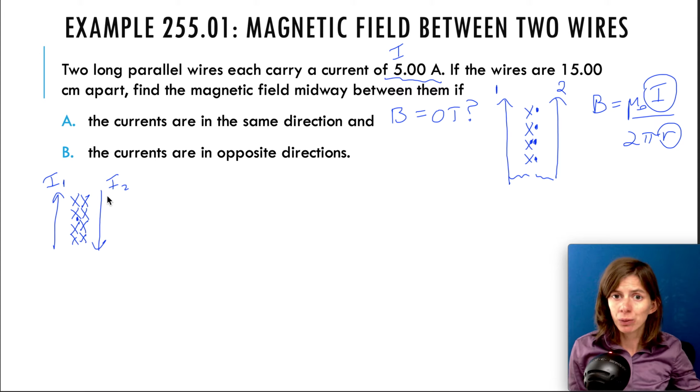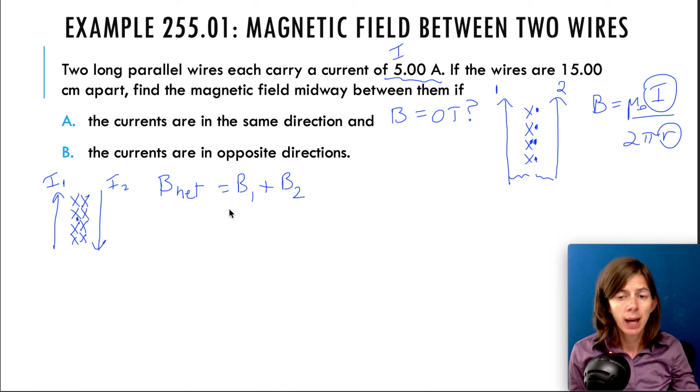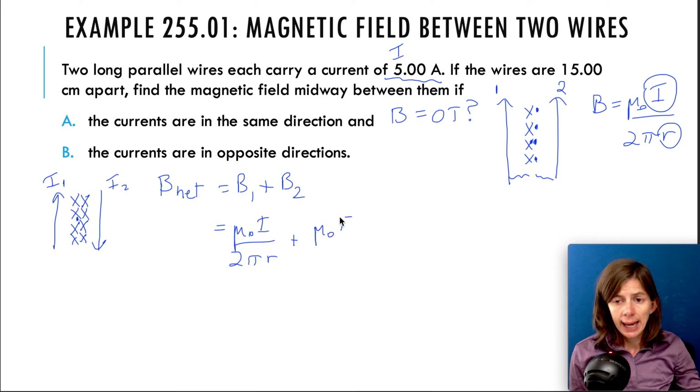So now, since magnetic field is a vector, you know that if they're both going in the same direction, they're just going to add up. So the net field at that midway point is going to be B1 plus B2. They're going to add up. And both fields have the same magnitude because we're using mu I over 2 pi r for each one. And both have the same current and the same distance.